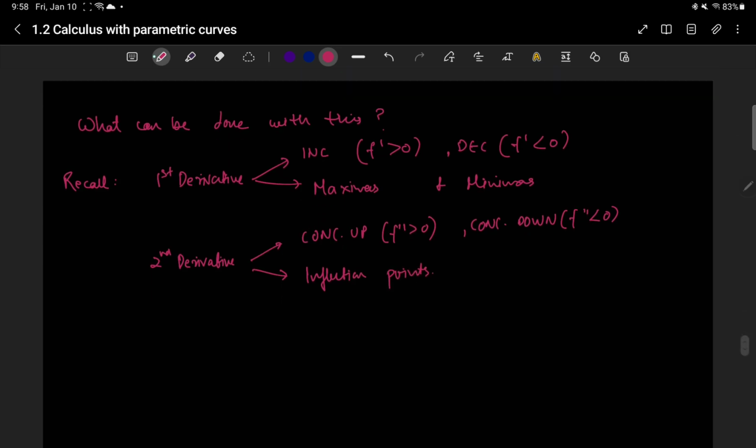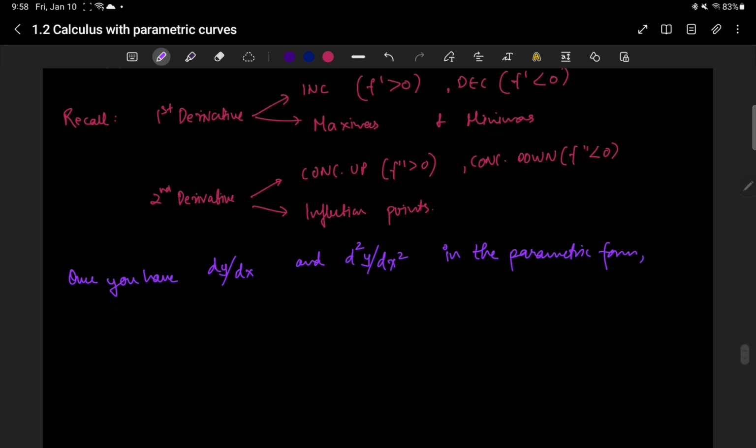Which means that for these problems, once you have dy over dx and d squared y over dx squared in the parametric form, you can be asked the same questions.